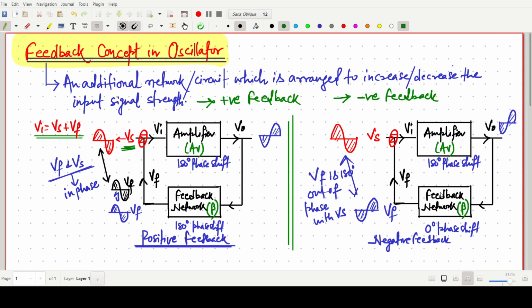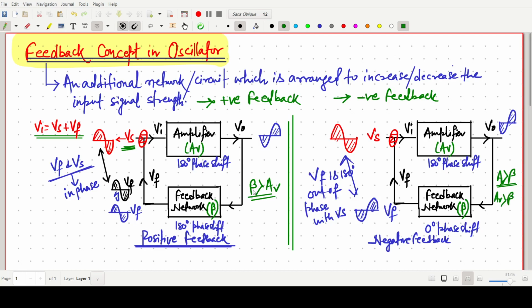One more important thing. In negative feedback, the amplifier gain Av will be greater than the feedback gain beta. Av is greater than beta.